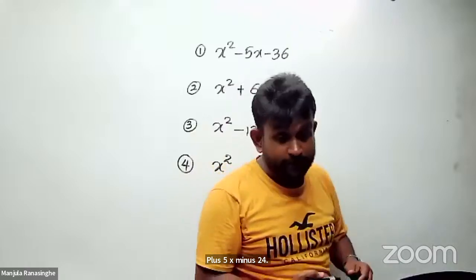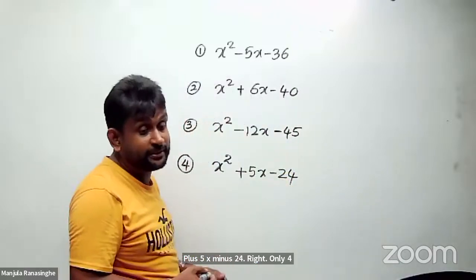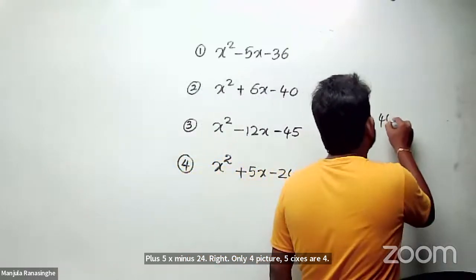Only 4 questions. 5 questions are 40 marks. Let's see how many out of 40. Right.